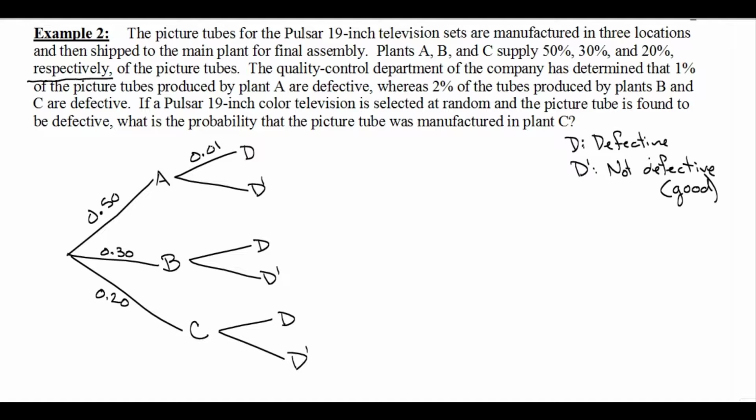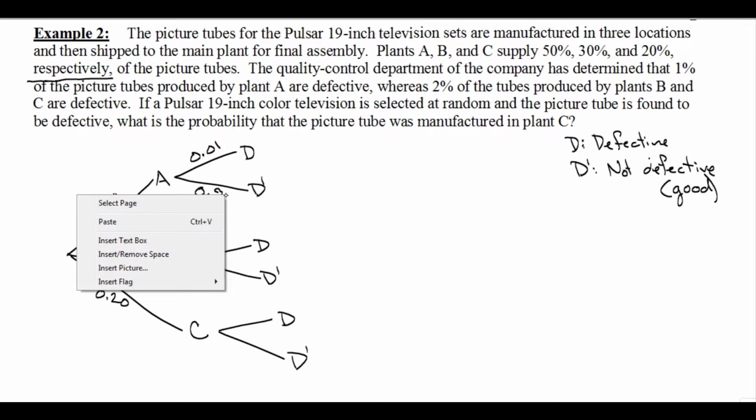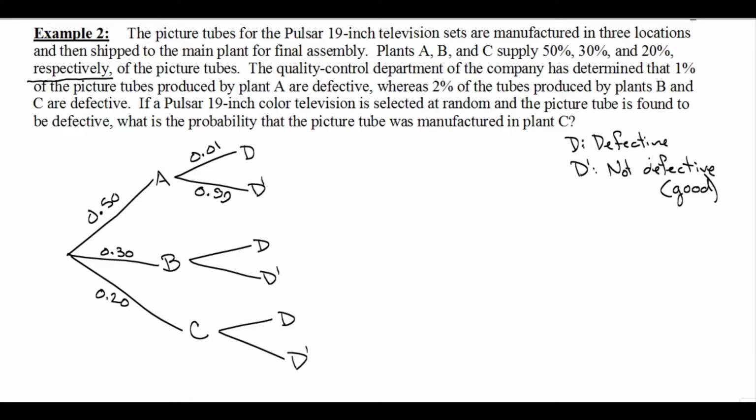And so then if 1% are bad, how many are good? 99%, or 0.99, will be the probability. Moving on to B. 2% are defective. We subtract from 1 to get the complement, so 0.98. The same for C, it looks like.